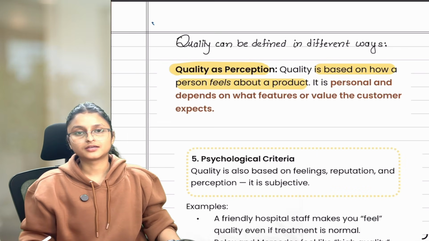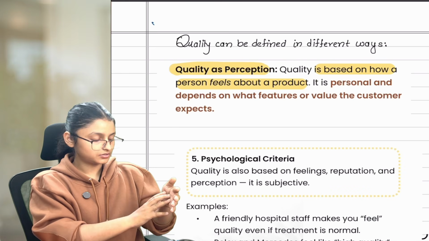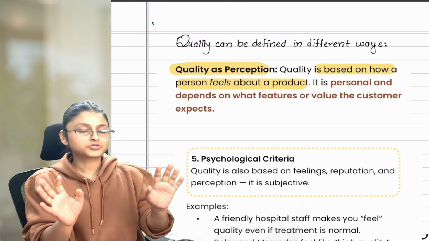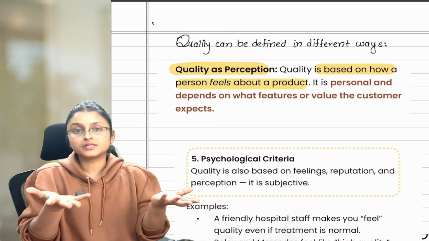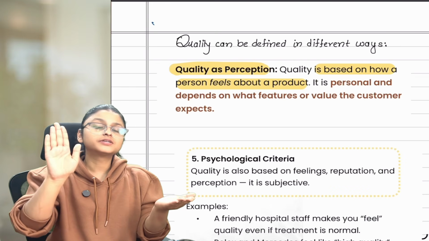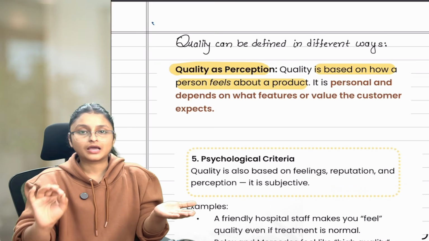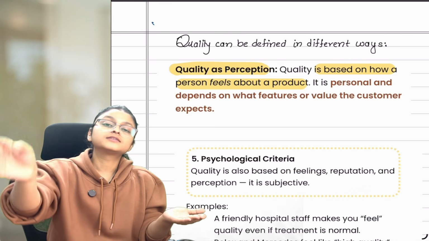Think about it. You want to buy a water bottle, and there are 2 options in front of you: an unbranded bottled water or Bisleri. Which one would you prefer? You will definitely prefer Bisleri because you know that name. You know that it is a branded product. In your eyes, it is a quality product.